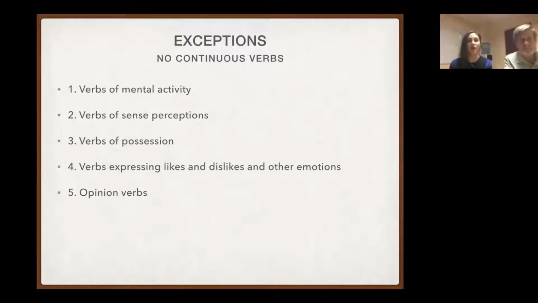And here are a few groups of verbs that follow this exception rule. The first group is verbs of mental activity. What are they? Can you bring us some examples? Like to forget. When you forget, you can't say I am forgetting, okay?